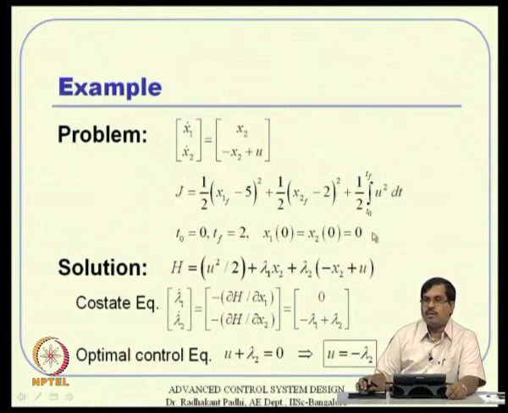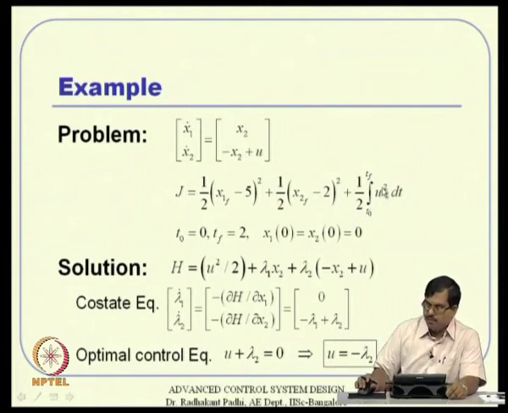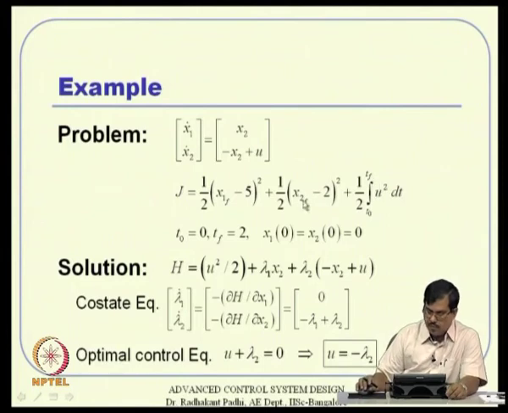Along the way, I also want to make sure that the control effort is minimum. That is how this u square term pops up in the cost function. So, this is how we formulate the problem, and let us try to see the solution part of it.